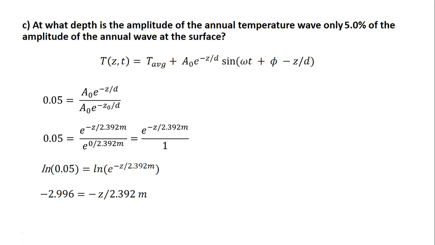Now this equation is very simple, and we just need to solve for z by multiplying both sides by 2.392 meters. When you do this, you see that z is equal to 7.165 meters, or, again, considering two significant figures, 7.2 meters.